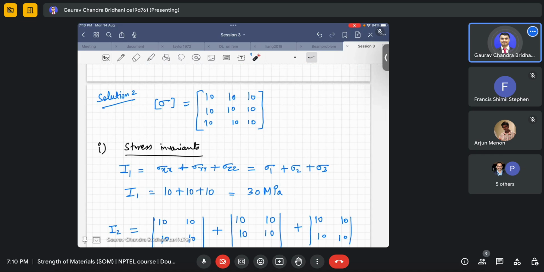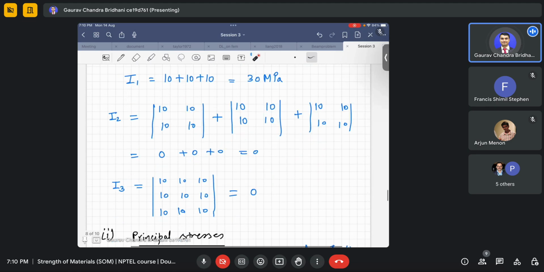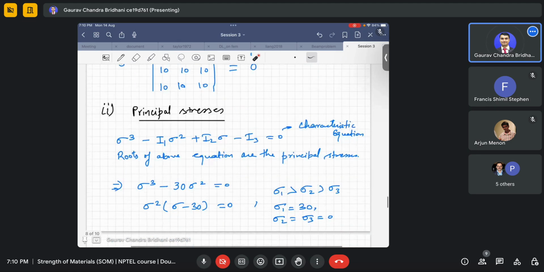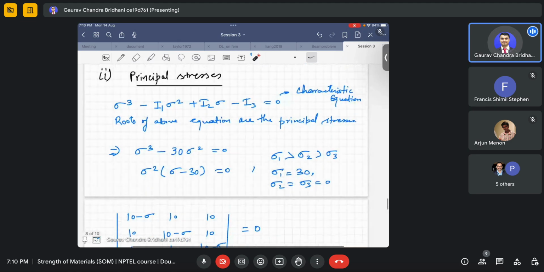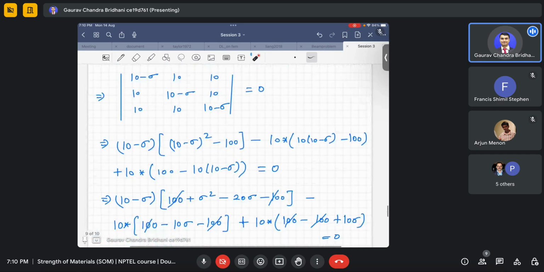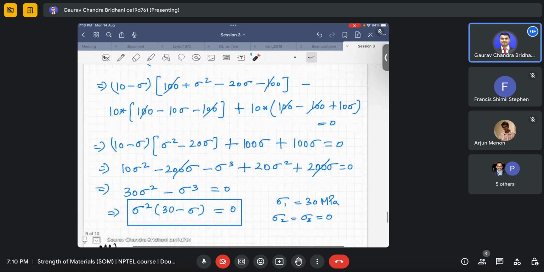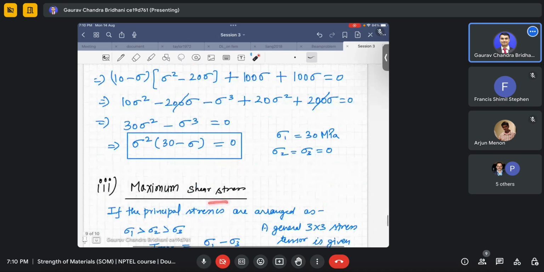So it is a special case, because it's a plane stress case. But this is a general, generic case. So in the generic case, you should know the values of all the principal stresses, and from there you can get the value of the shear stress.